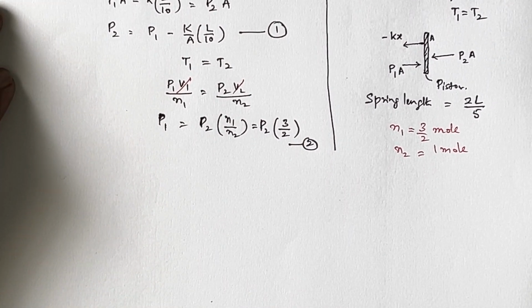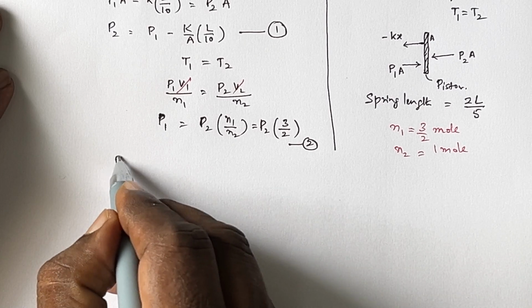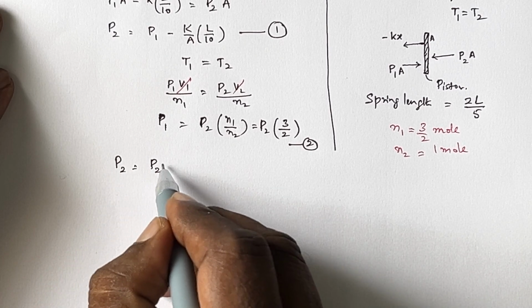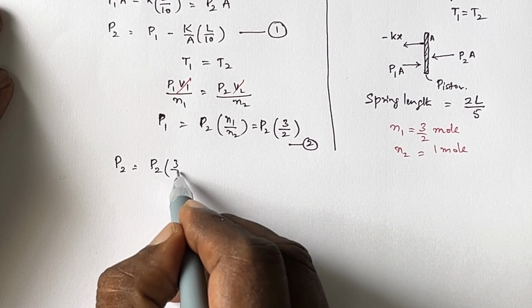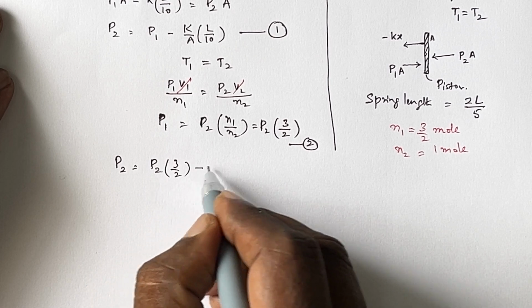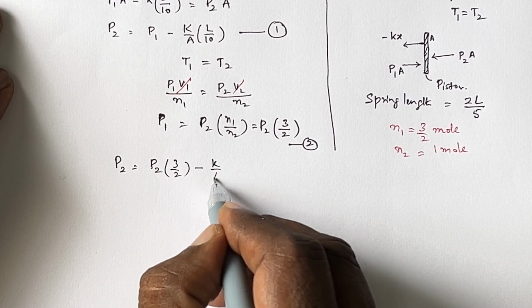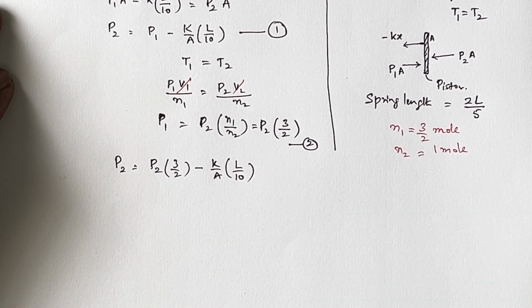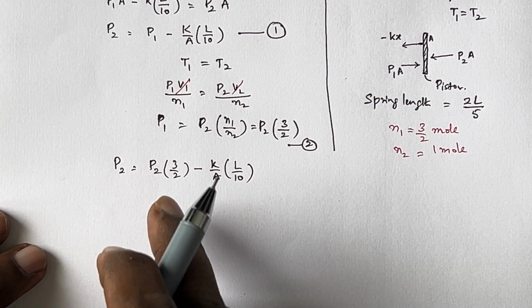So what I get is P2 is equal to P2 into 3/2 minus K/A into L/10. This is what I got. So P2 I want to calculate.